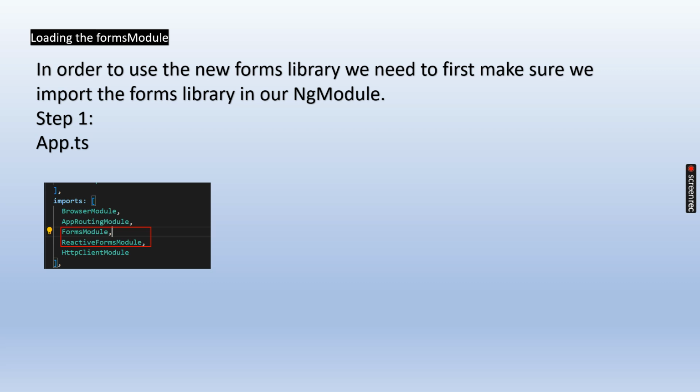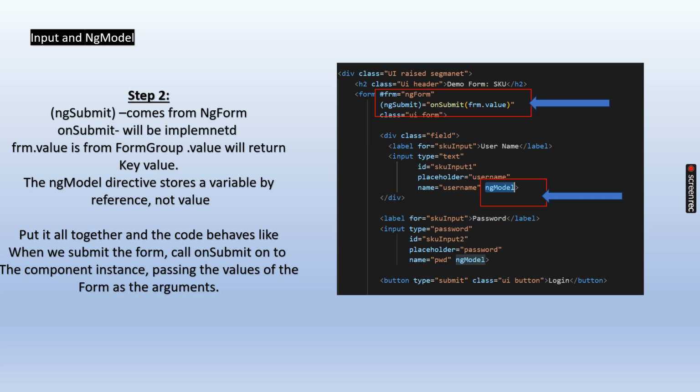Now if you loaded it here, in HTML it would be automatically supported. So here first and foremost you need to define the form. After HTML you have to define the form tag, and then the form is the form of ngForm. You have to define the ngForm.